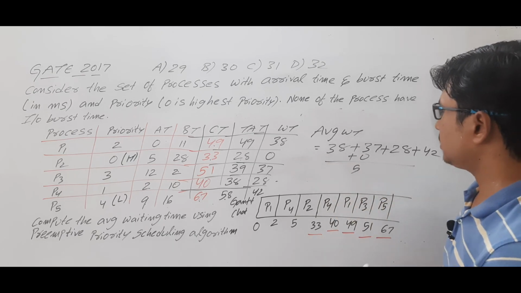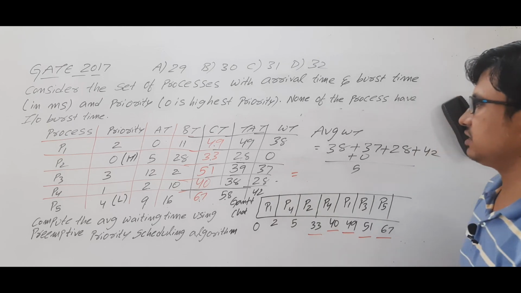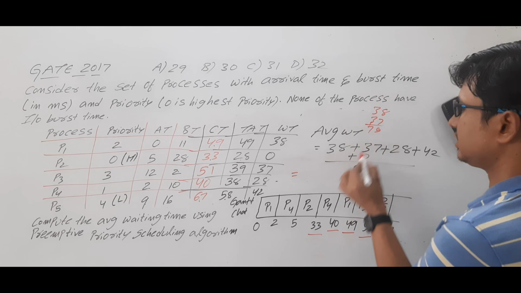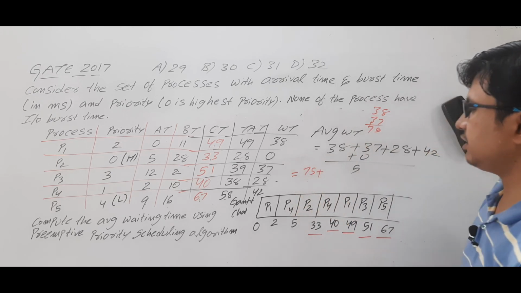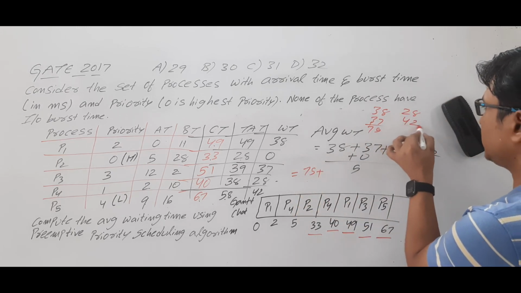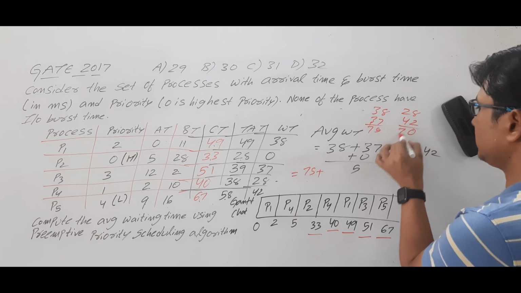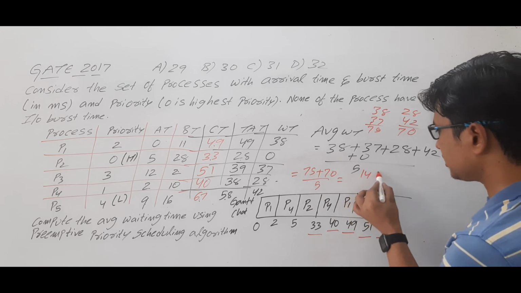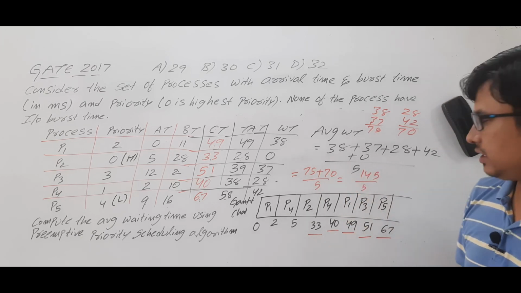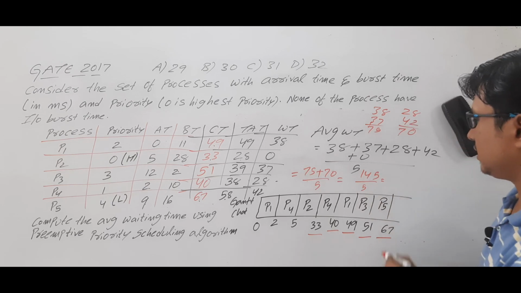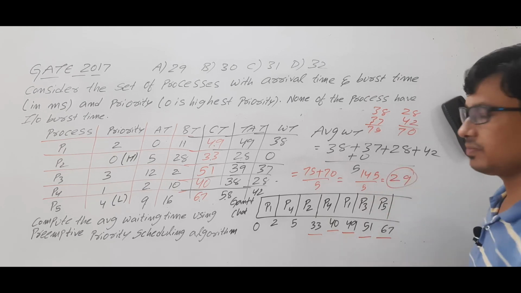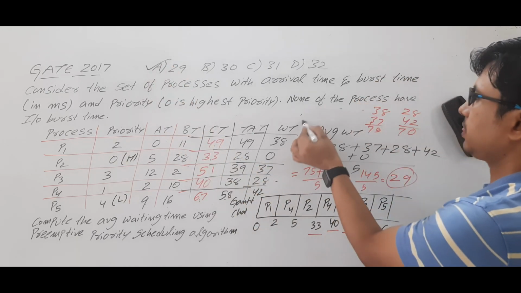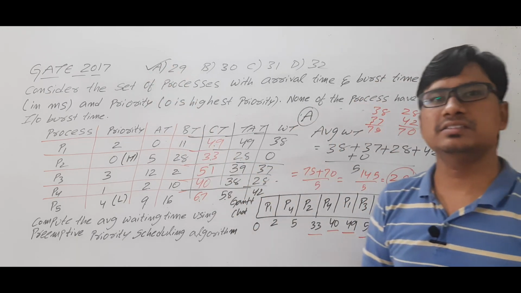So 38 plus 37 is 75. 28 plus 42 is 70. So the total is 145, divided by 5. Are you able to understand? It comes to 29. Am I right? So the right answer is option A. For this question, option A is the right answer.